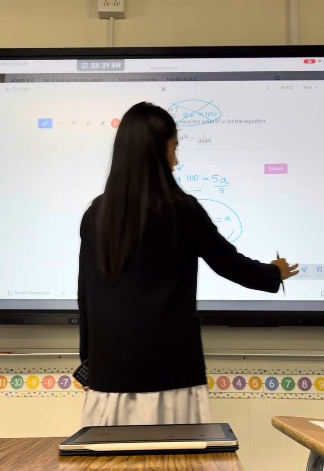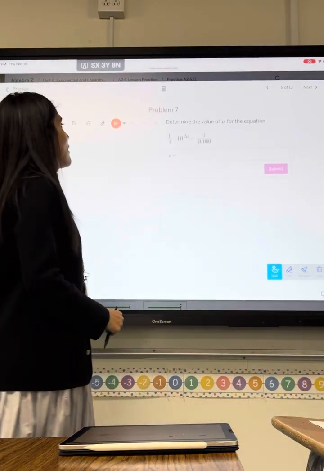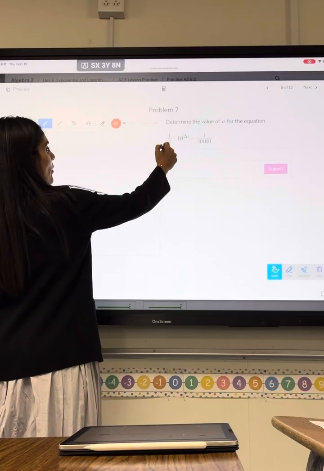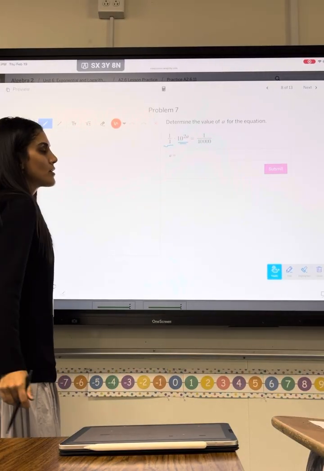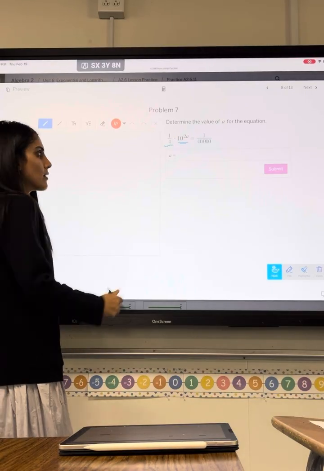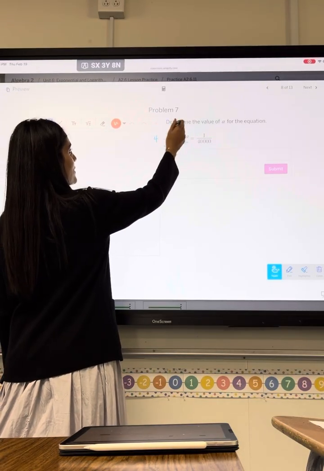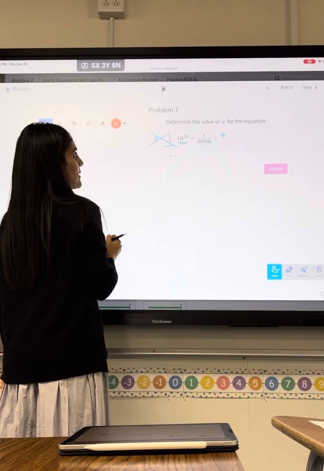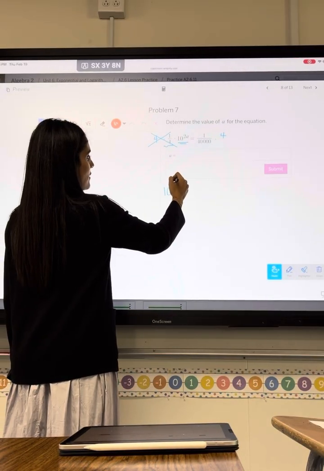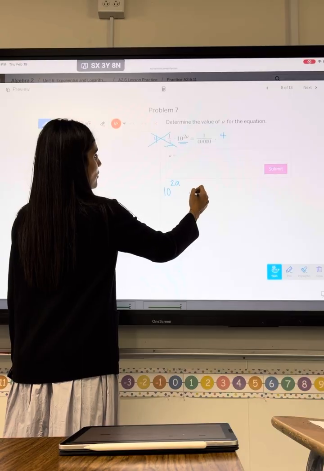We have some fun. We have a 1/4 in front of our real work. So let's first get rid of that 1/4. We could do that by multiplying both sides by 4. All right? It will cancel out right there, leaving me with 10 to the 2a equals.